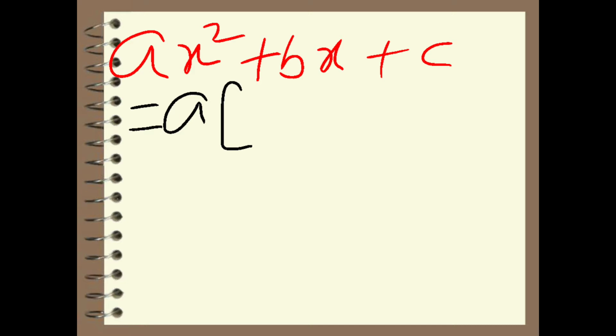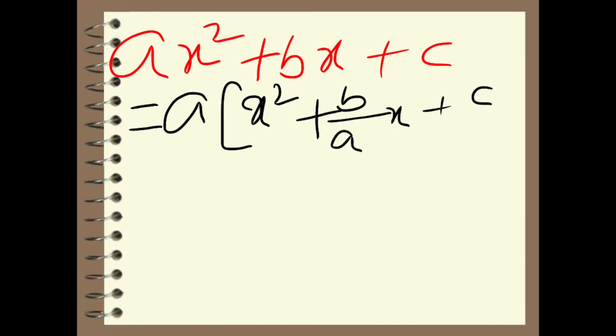Here we are assuming x square coefficient is a, so we have to take common a from ax square plus bx plus c. Then the expression changes to x square. If b is a multiple of a, then no problem. If b is not the multiple of a, then it should be b by a into x plus c by a.